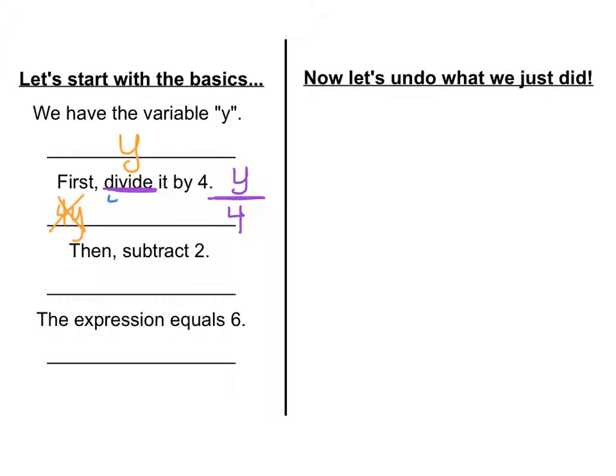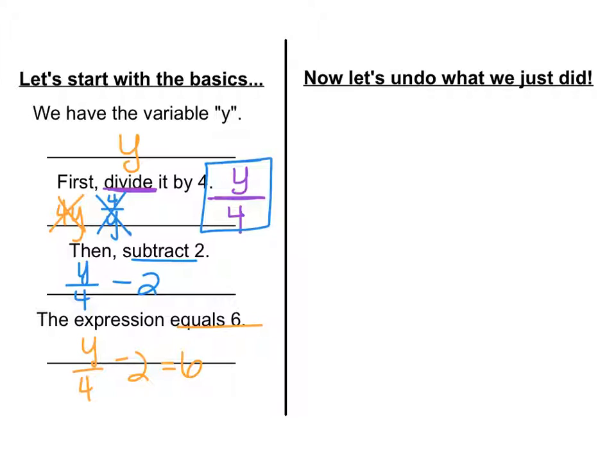And then some students want to write 4 over y, but that's 4 divided by y, which is not what we want. We want y divided by 4. Now we're going to take that and subtract 2. So I have y divided by 4, subtract 2, and that is going to equal 6.